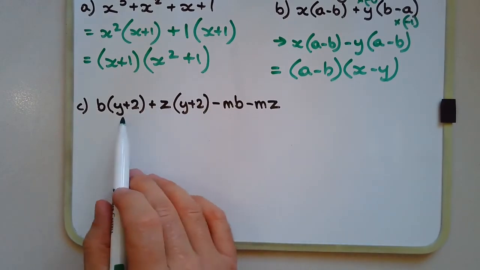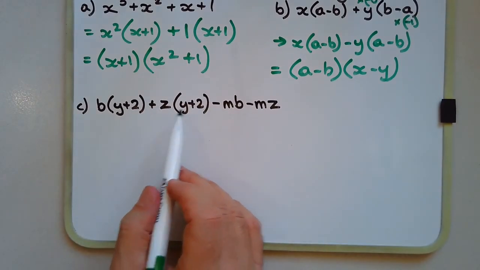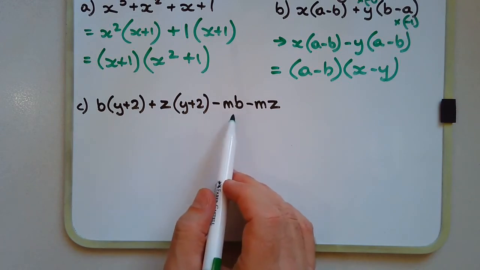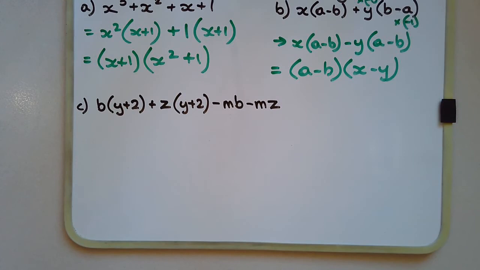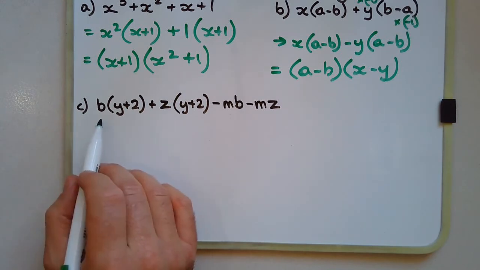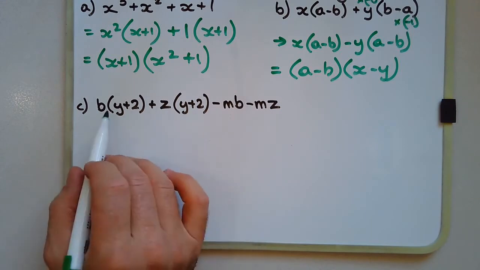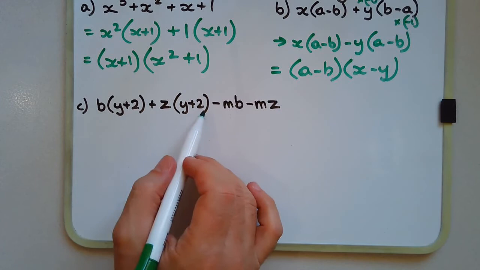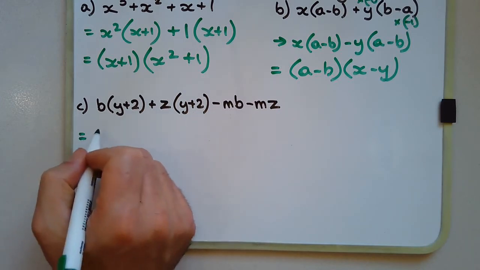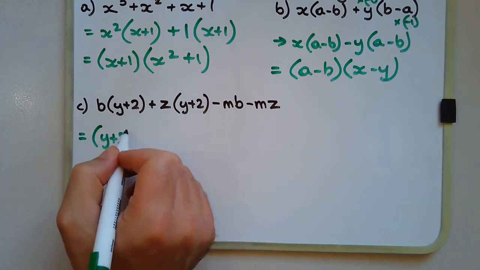Right, last one. We have b outside of y plus 2 plus z outside of y plus 2 minus mb minus mz. Let's see what's going on here. Now, the first two terms, this is b times y plus 2 plus z times y plus 2. y plus 2 is a common factor. So why don't we take that out first and see what's going to happen.